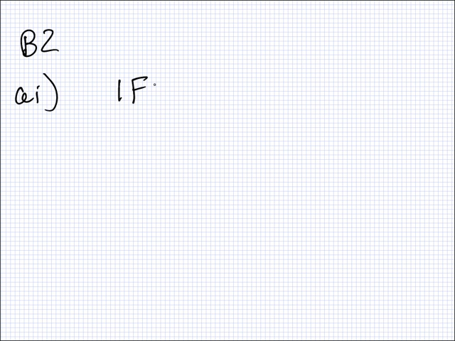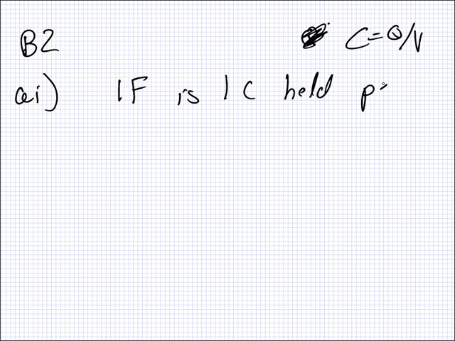1 farad, if you remember the formula, Q equals CV, isn't it? Sorry, C equals Q over V. So 1 farad is 1 coulomb held per 1 volt of potential difference. Okay, what's next?